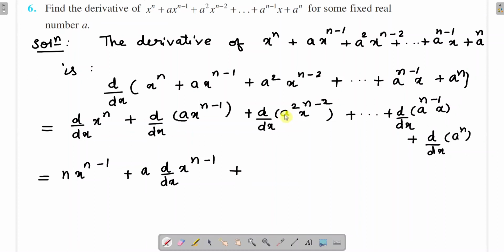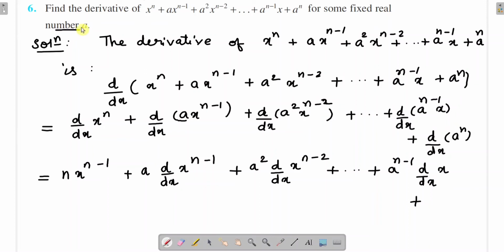Plus here we have to take this constant out, a square, then derivative of x raised to n minus 2, and then so on, plus here we have to take this constant out, so a raised to n minus 1 derivative of x, and plus now this is derivative of a constant a raised to n. For some fixed real number a it is given, so that means a is a constant, so a raised to n becomes a constant, so derivative of a constant is 0.